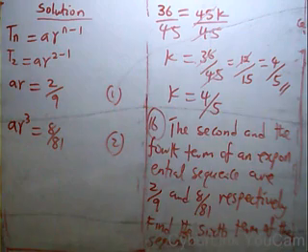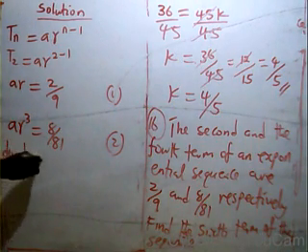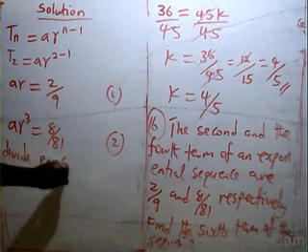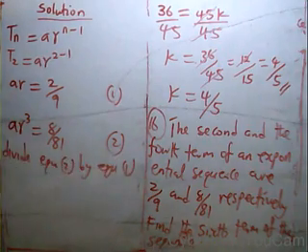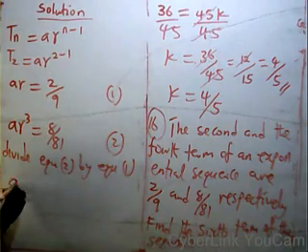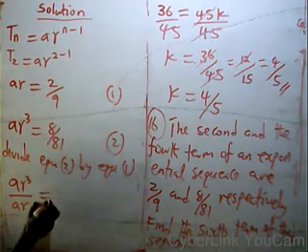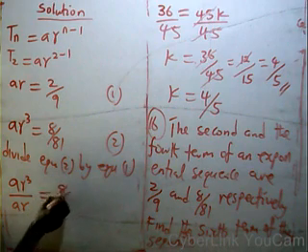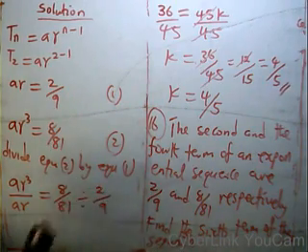And what we need to do is divide equation 2 by equation 1. If you do that, we are going to have AR cubed all over AR equal to 8 over 81 divided by 2 all over 9.